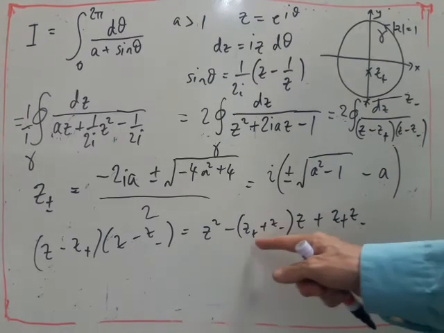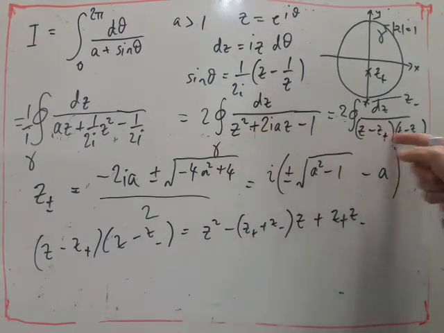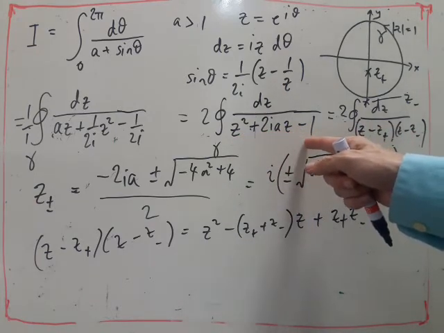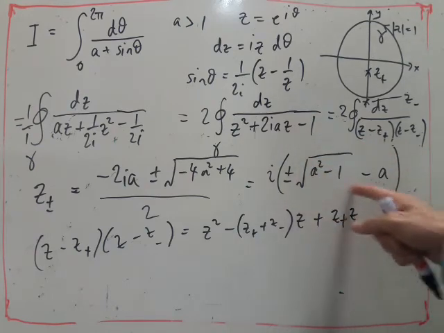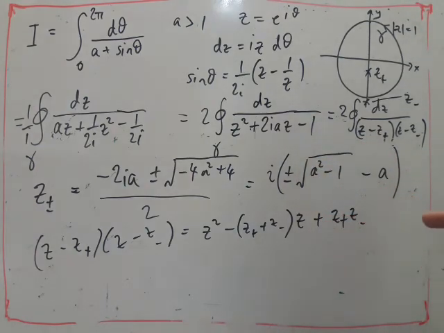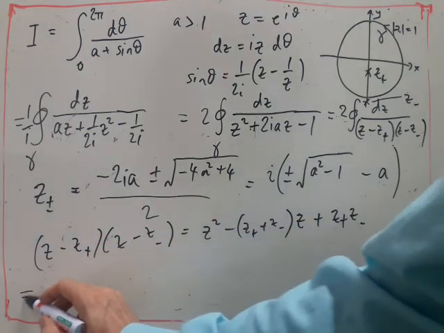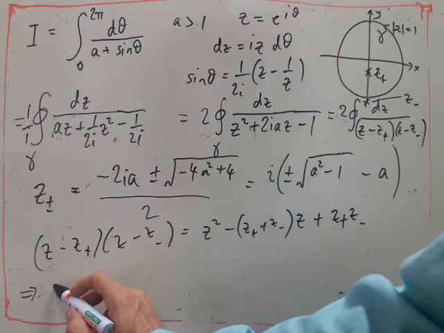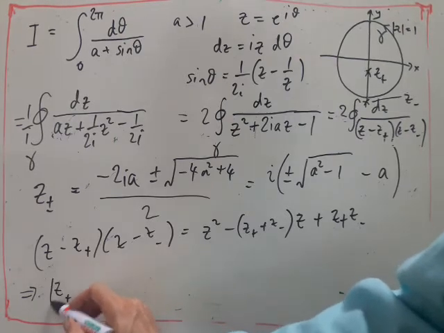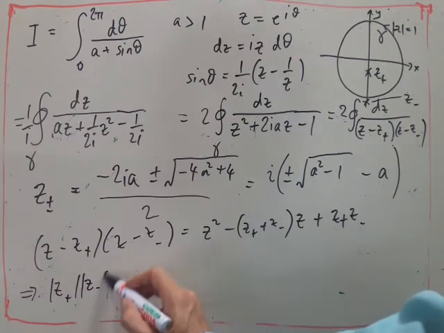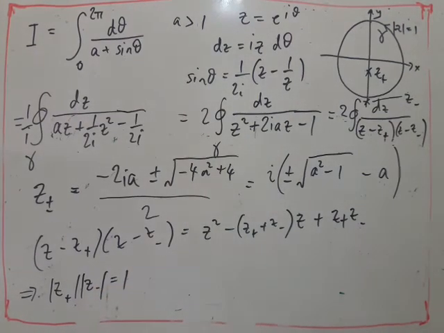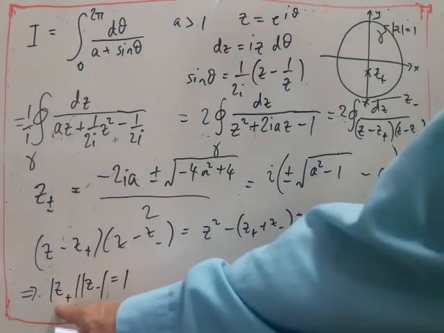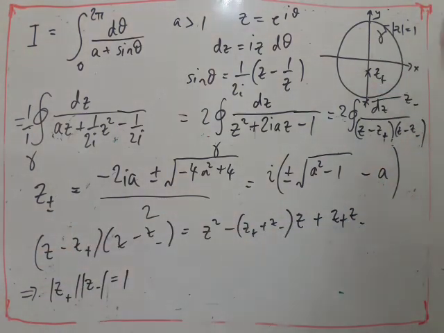Then I can compare, this thing here must equal this thing here. That tells me that minus 1 must be equal to z plus times z minus. Therefore the modulus of z plus times the modulus of z minus must equal 1. We already know that the modulus of z minus is greater than 1, therefore the modulus of z plus must be less than 1. So we know for certain that z plus is inside.